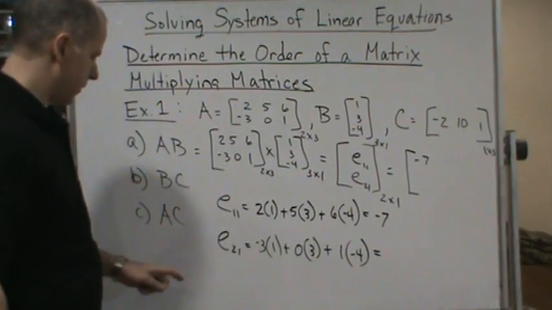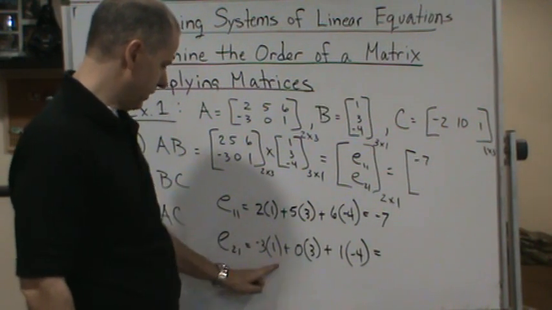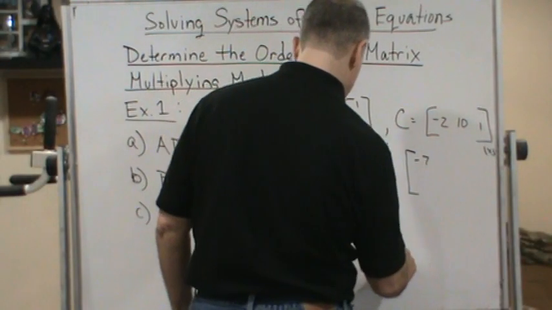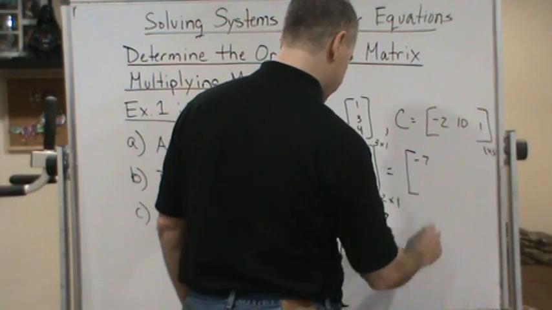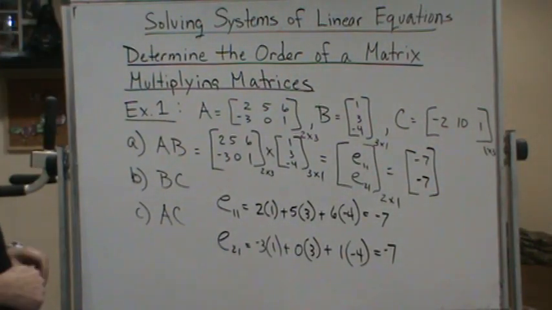Okay? And so this is going to be negative 3 plus 0, which is negative 3, plus negative 4, which is negative 7. All right, so we get negative 7 as our result.